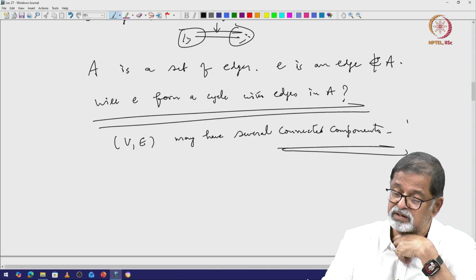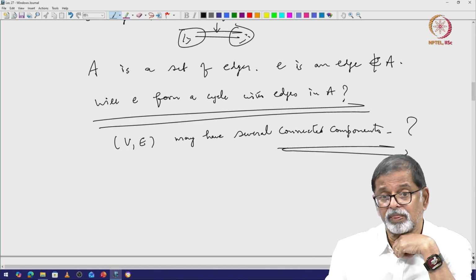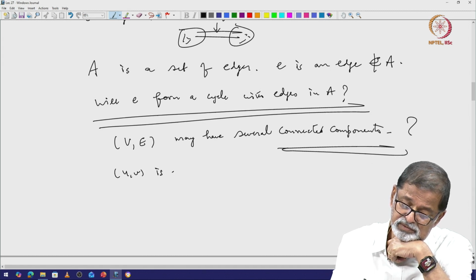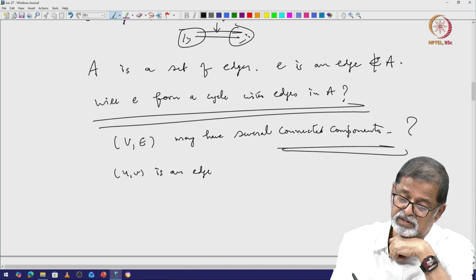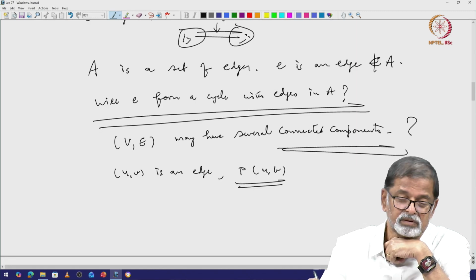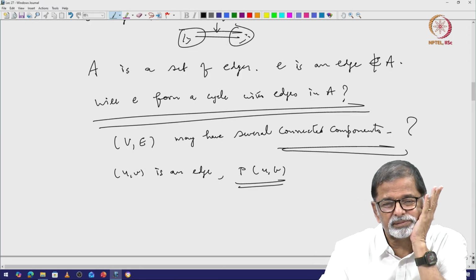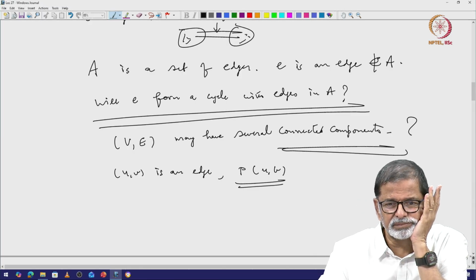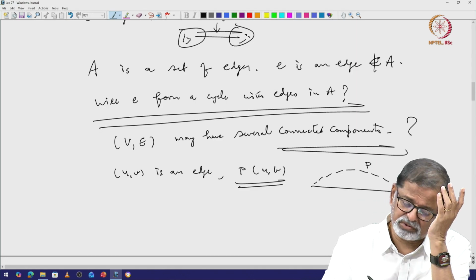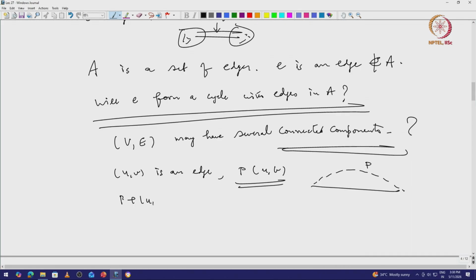Why are we interested in connected components here? Suppose UV is an edge and P is a path from U to V. This is P, this is edge UV. So, P plus UV is a cycle.